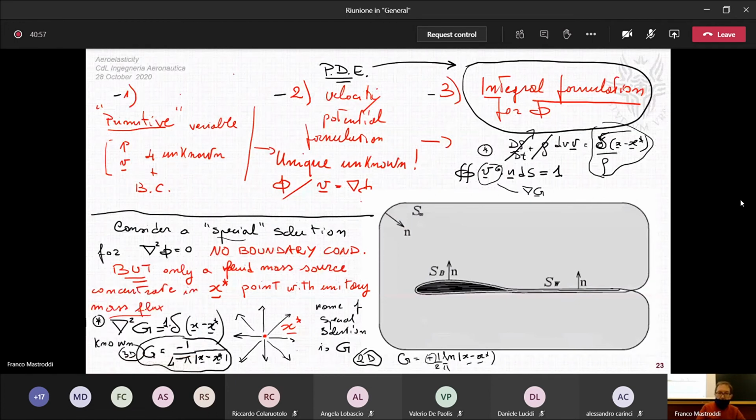So the step number 4 here is the space discretization of the integral, space discretization, also known as boundary element method.